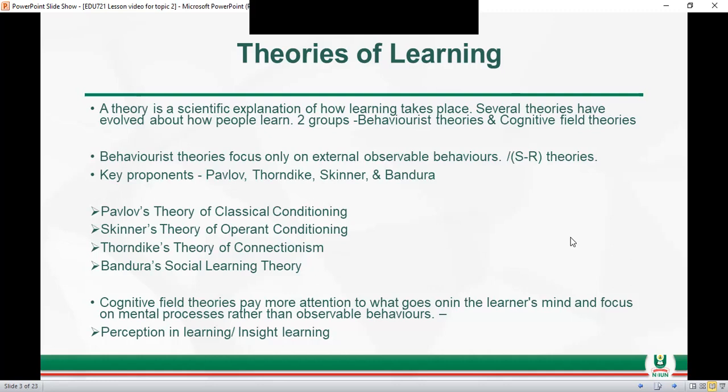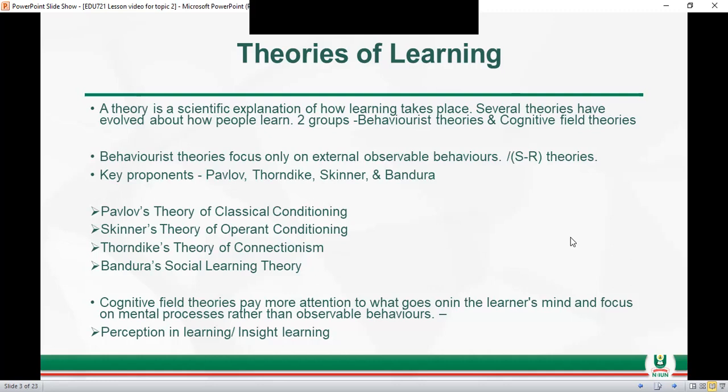Then the second major group of learning theories includes the cognitive theories. These theories pay more attention to what goes on in the learner's mind and focus on mental processes rather than observable behaviors.